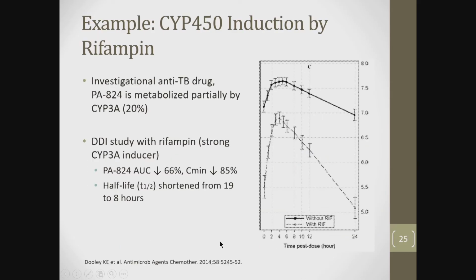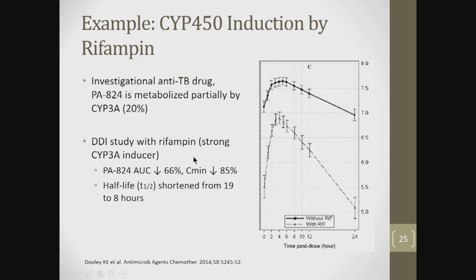Here's an example of a strong inducer. Like we talked about Ritonavir for inhibition, Rifampin is a very strong enzyme inducer of CYP3A, as well as some other CYP450 enzymes. In this example, it was paired with an investigational agent being developed for the treatment of tuberculosis. This agent was metabolized only partially by CYP3A, only 20%.